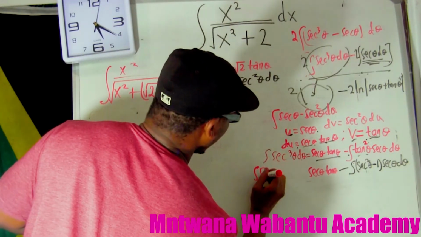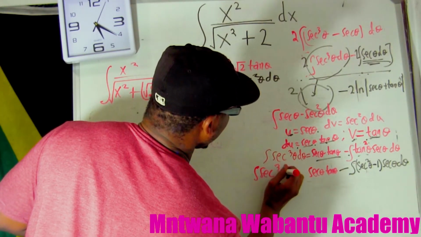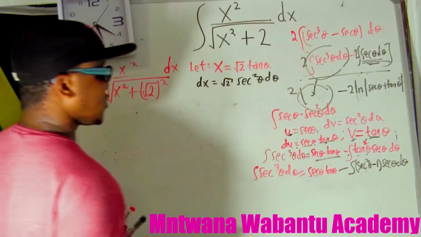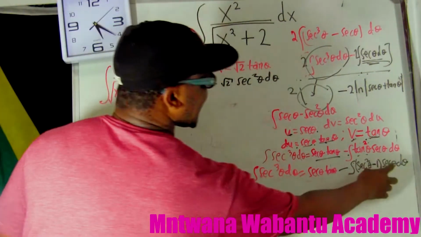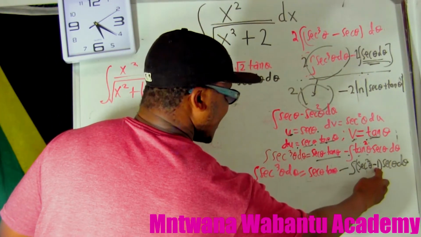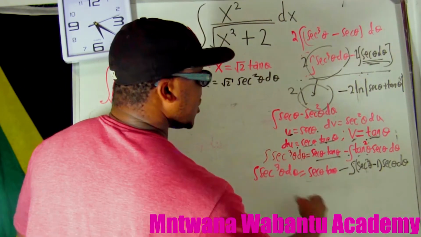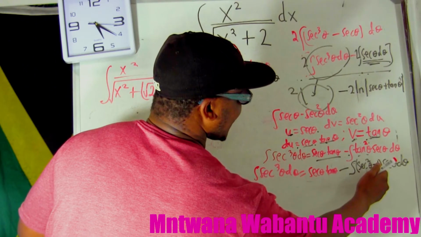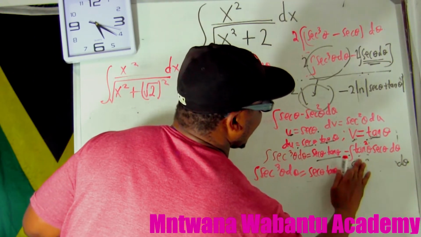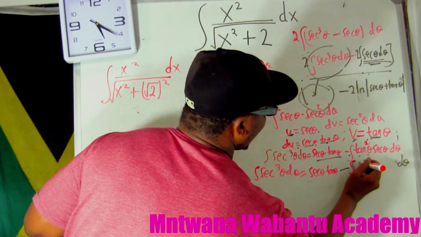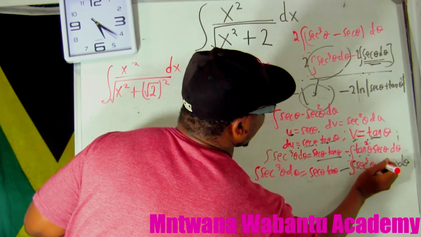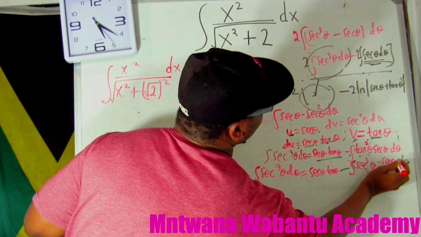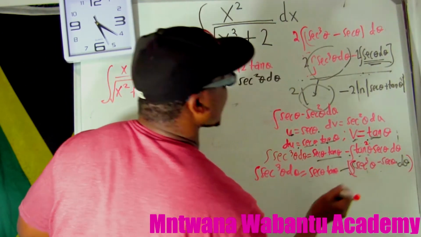So the integral of sec cube theta d theta equals that. I can multiply this out. This is going to be sec cube, and this is going to be negative sec. So I can just say integral of sec cube theta minus sec theta, like this.